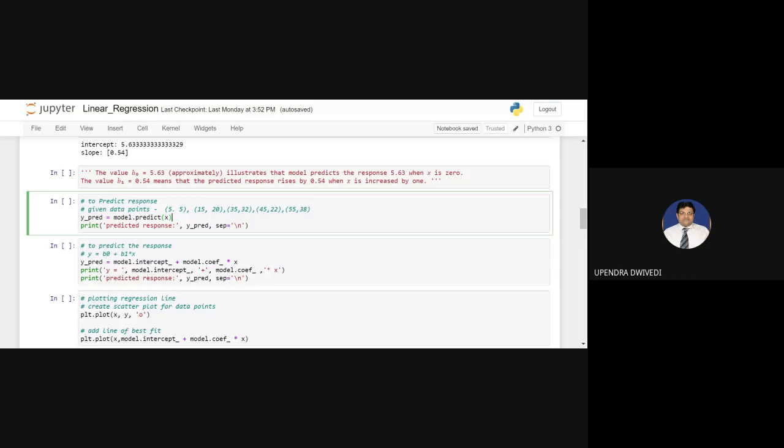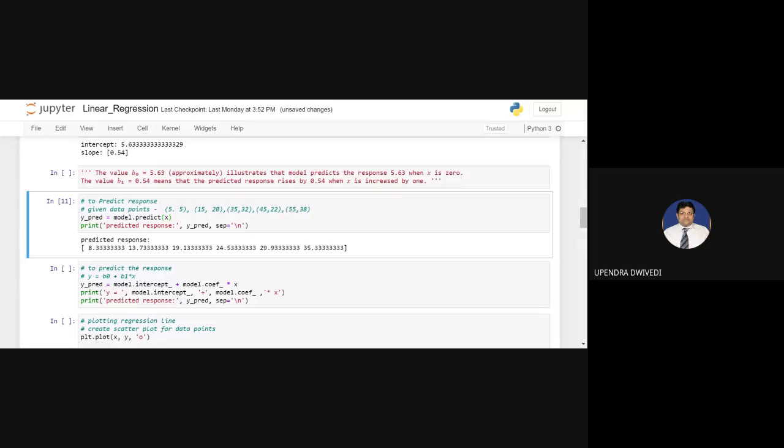When I call model dot predict, I'm passing all the values of x, so you are passing 5, 15, 35, 45, and 55. For the 5, you are getting these responses, that is 8, 13, 19, 24, 29, 35.